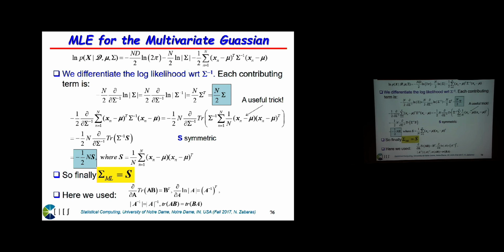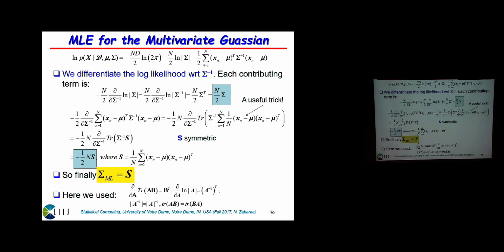If you have a trace of A times B, do you know the identity that it is the same as the trace of B times A? Try it with matrices. Trace of AB is trace of BA. So if that is the case, then what have I done here to move sigma minus 1 outside?